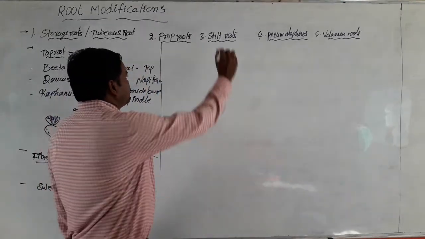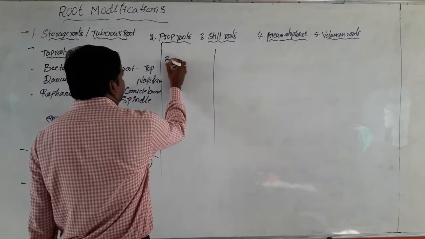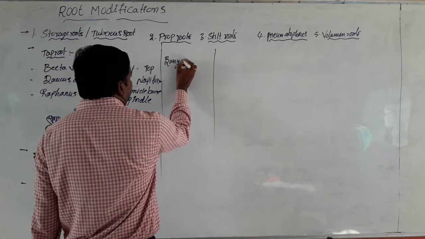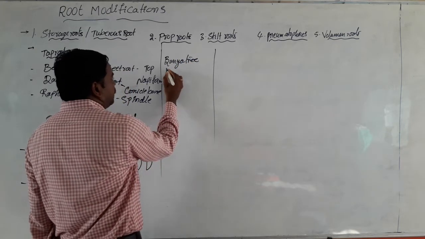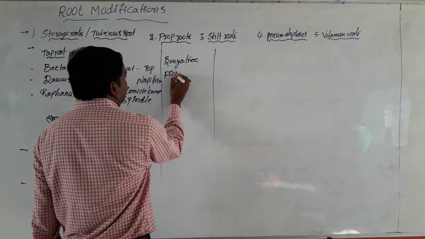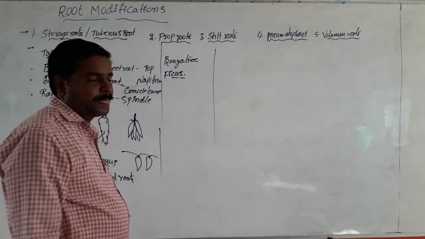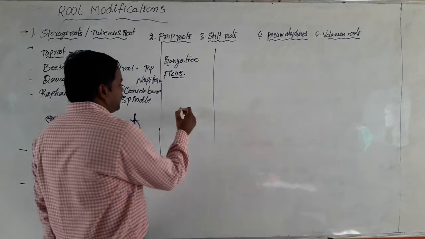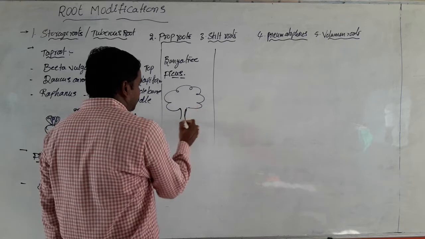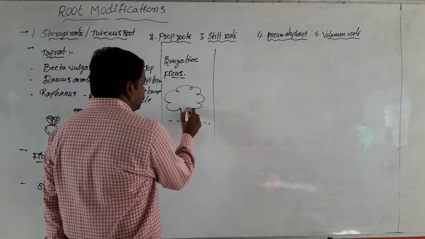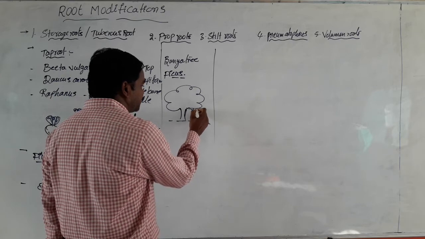Students, generally prop roots are present in the banyan tree. The scientific name is Ficus bengalensis. In case of banyan, for example, this is the plant and this is the ground surface. Some roots are developed from the aerial branches.